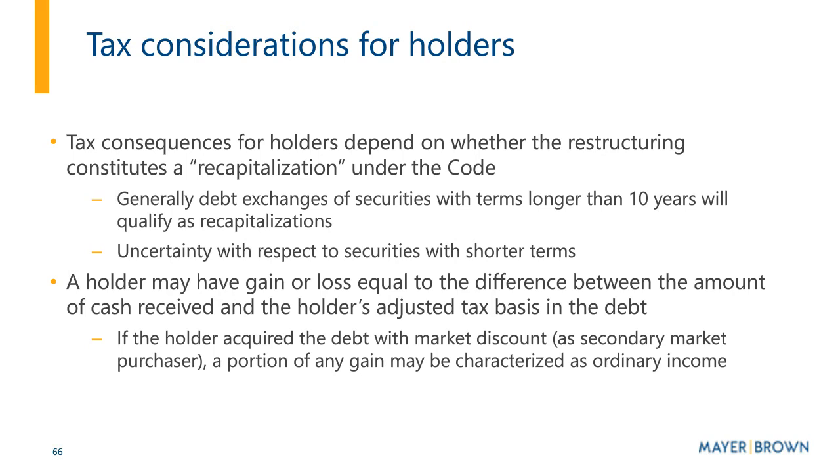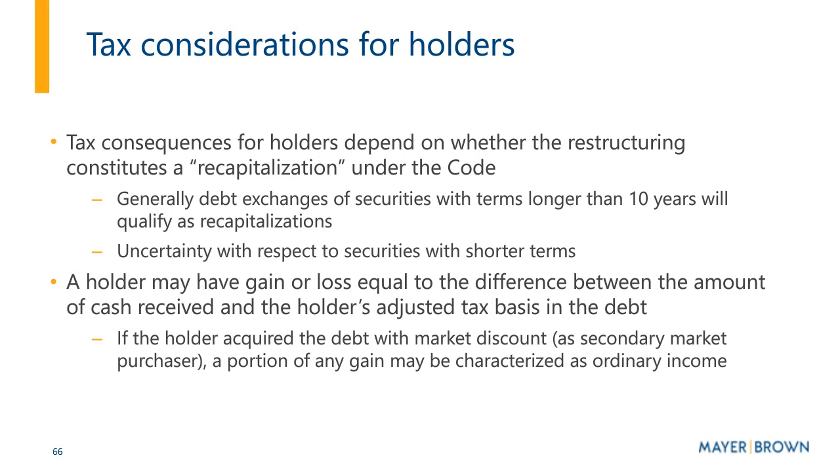It's essentially case law, and that case law provides that if the term is longer than 10 years, instruments are typically securities. If they're less than 5 years, typically not securities. Between 5 and 10, it's a little uncertain. I think if you look in the market, typically people take the position instruments are securities between 5 and 10 years.